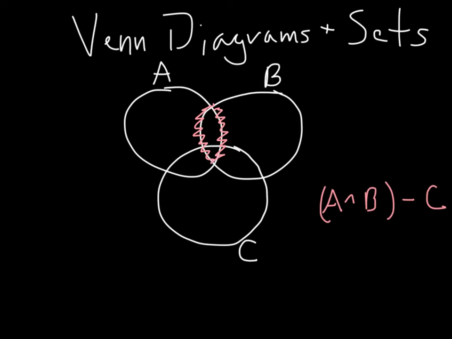So this is the stuff we're going to get rid of. So we're going to minus off all this stuff here, the stuff in A and B that's not included in C. So really, A and B set minus C is all this stuff in red that I'm highlighting. So there's A and B set minus C.